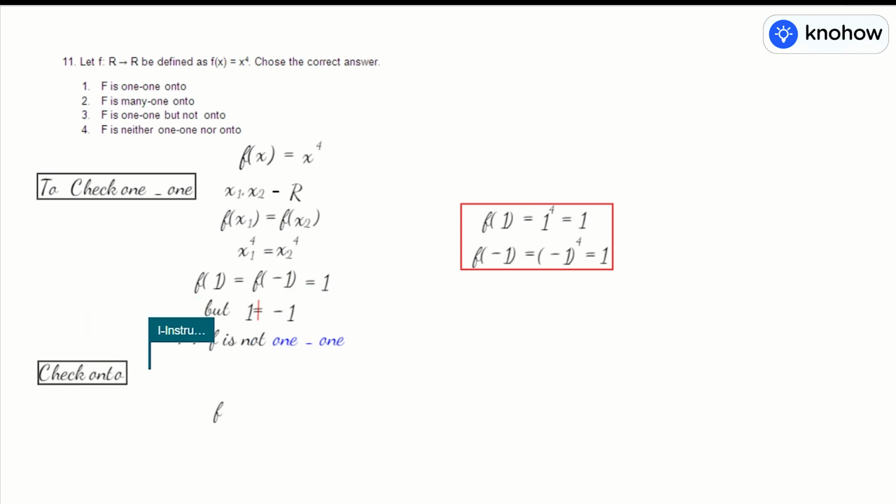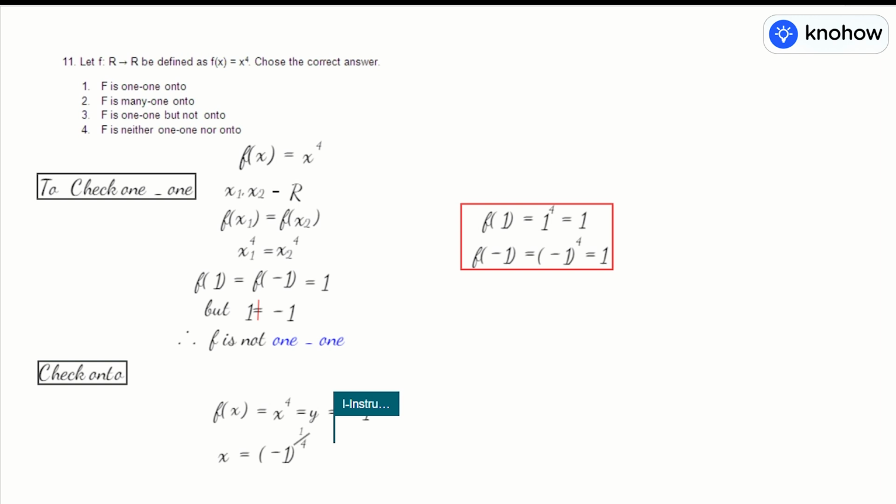f(x) equal to x to the power 4 equal to y. Let me take the value of y in the codomain, any real number, say negative 1. So then what will be the value of x, the pre-image? It will be negative 1 to the power 1 by 4, the fourth root of negative 1. Can you work out the fourth root of negative 1? That is a different issue. But there is no real number whose fourth power is negative 1.